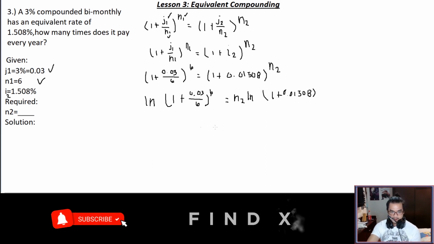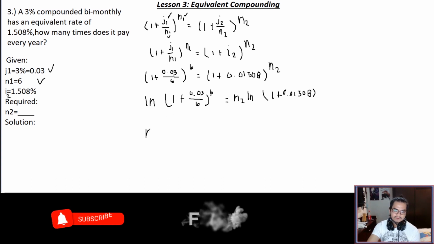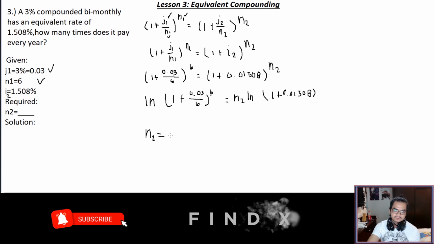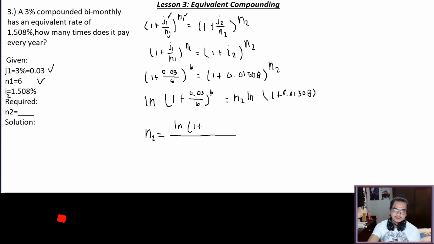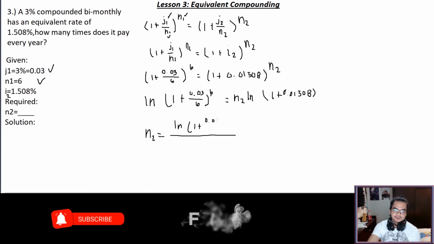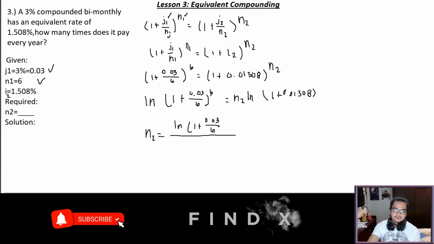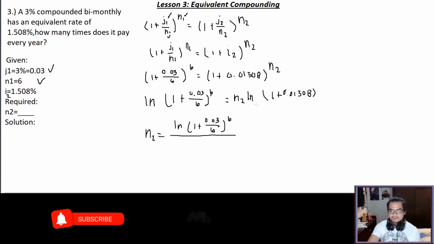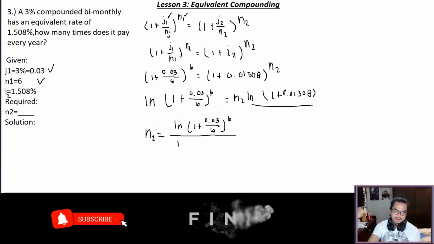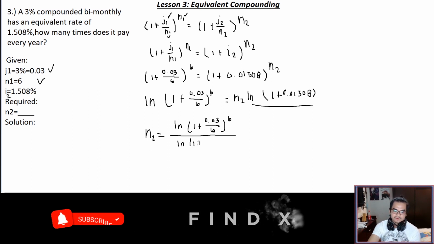Okay, so all you have to do is put down this ln here. Therefore, the value for N2 will be equal to ln of 1 plus 0.03 all over 6 raised to 6, and all divided by ln of 1 plus 0.01508.